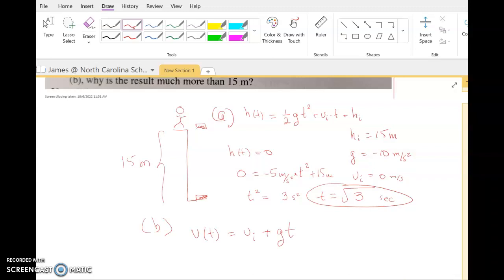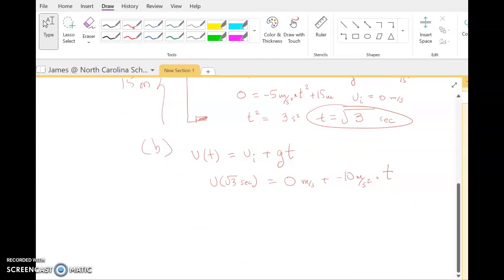So I want to stick in the t that I have, and so v at the square root of 3 seconds equals 0, the initial speed, plus minus 10 meters per second squared times time. And now the time in this case is square root of 3. In fact, I should probably have written that right away.